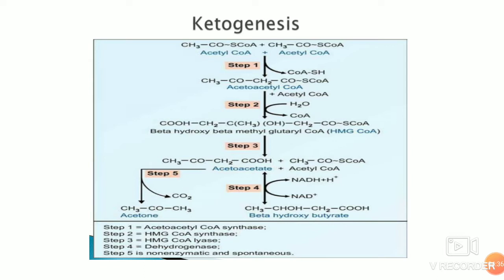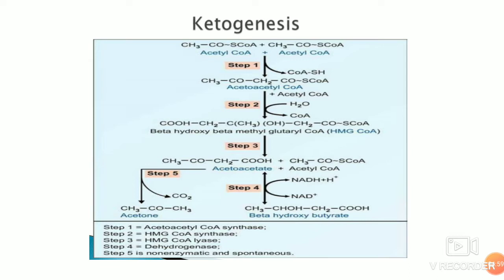Two acetyl CoA molecules are converted to acetoacetyl CoA by the enzyme acetoacetyl CoA synthase, and then this acetoacetyl CoA is converted to HMG CoA, that is beta hydroxy beta methyl glutaryl CoA.